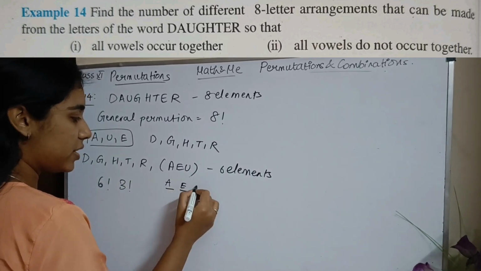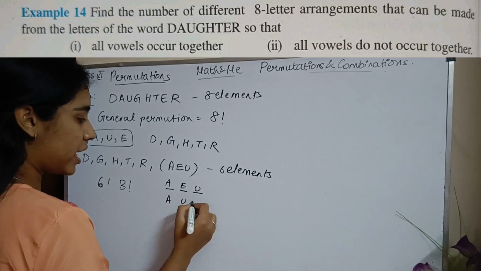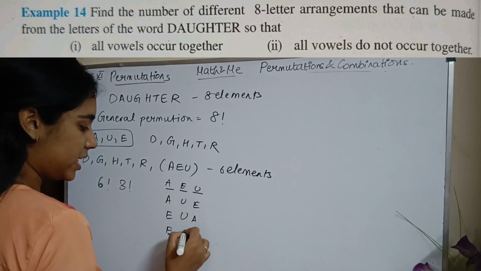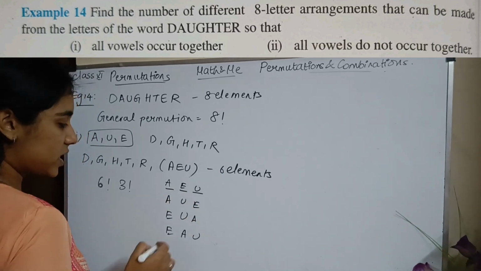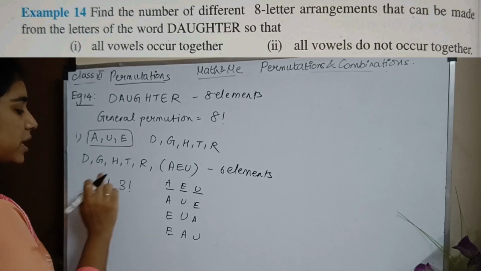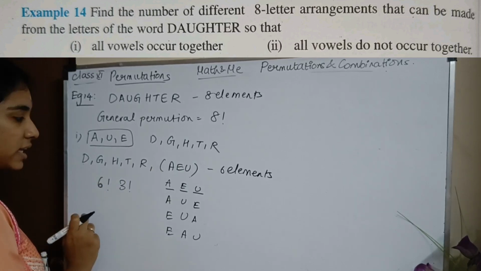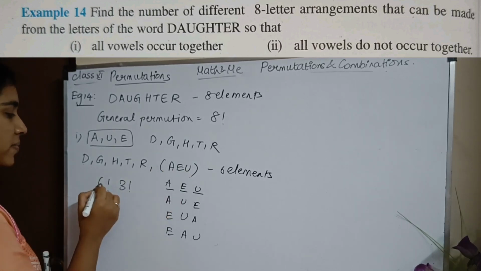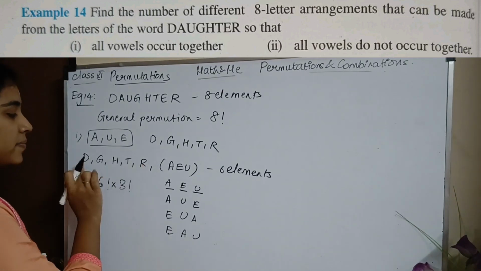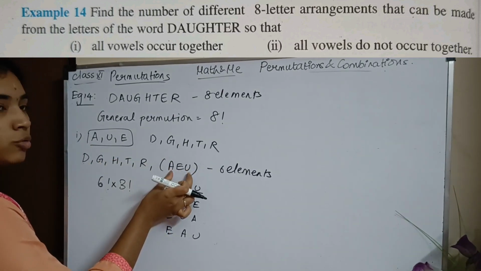So I can either have A, E, U or I can have A, U, E or I can have E, U, A and so on. So I can arrange them in 3 factorial ways and these can be arranged in 6 factorial ways. Correct? So when the vowels are placed together, I can arrange them in 6 factorial times 3 factorial. Because I have to arrange these 6 and also arrange these 3.